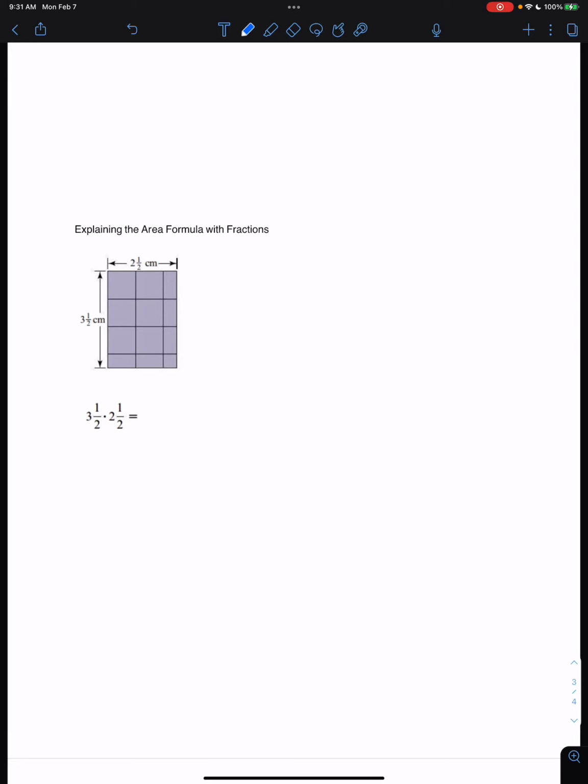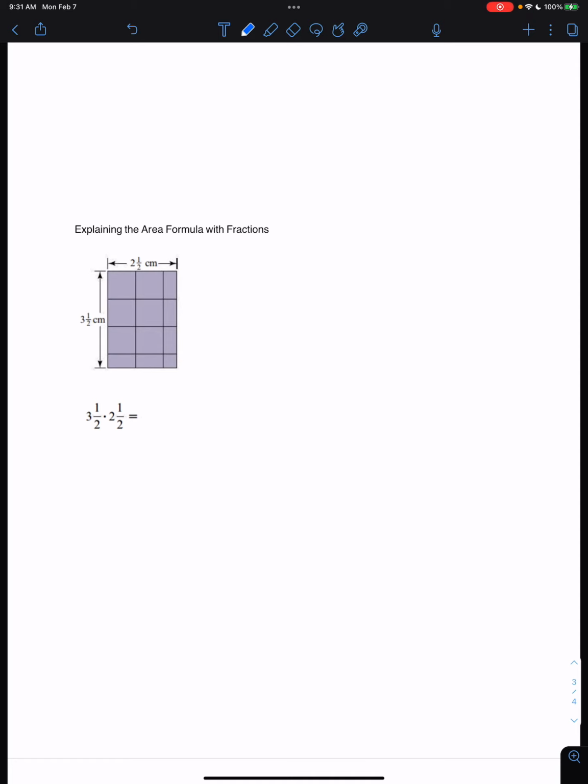It's easy for us, or easier for us, to see how we can find the area of a rectangle when the numbers are nice and simple and they are integers. So when, for example, in the last video, we talked about 7 square units 4 times.